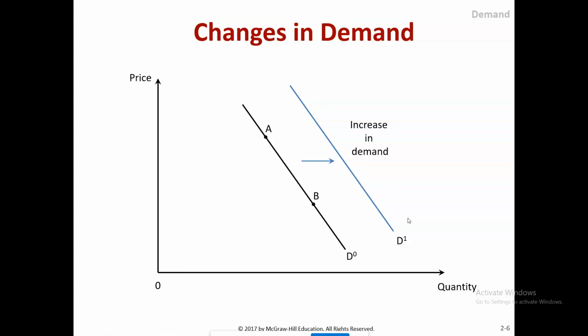That's the meaning of increase in demand. And if something results in a decrease in demand, it means at every single price level, the quantity demanded decreases, moving to the left-hand side. The whole demand relationship does not hold anymore. Instead, it moves to a new location, to the left-hand side.